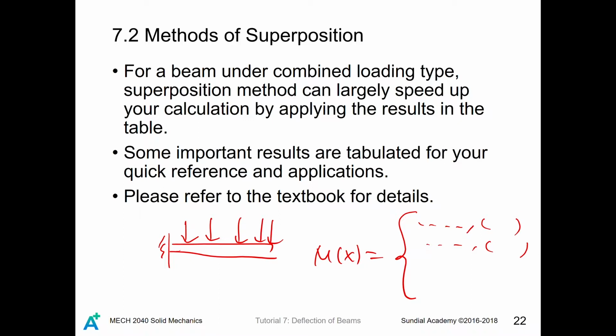But all in all, the method of superposition, the table lookup method, can simplify the process a lot. Some important results are already tabulated for your quick reference. Those results were already computed by other solid mechanics scholars, and they can accelerate your computation. You can find them in the textbook, and in case we use some entries of this table, I will also show them in these PowerPoint slides.